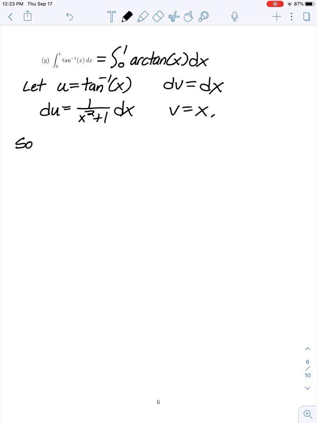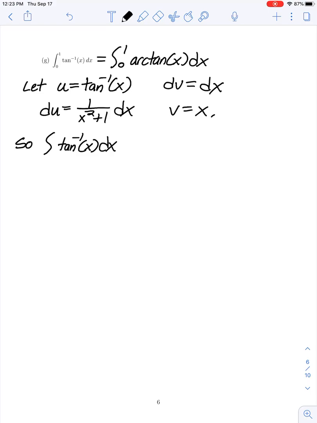Applying our integration by parts formula, let me start by looking at the indefinite integral of this arctangent x function. For now, I'm going to ignore the fact that this is a definite integral. Let me just calculate the antiderivative first, and then at the end, to evaluate the definite integral, I'm going to substitute the values 0 and 1 into what I find for my antiderivative.